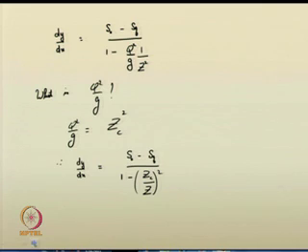Now, in module 2, you had discussed the uniform flow.